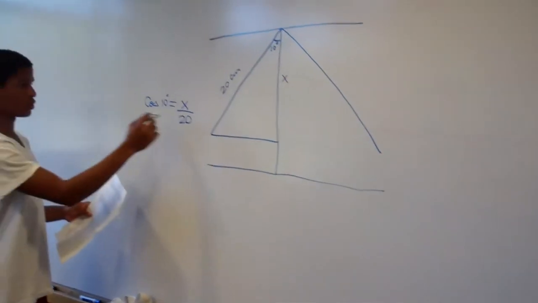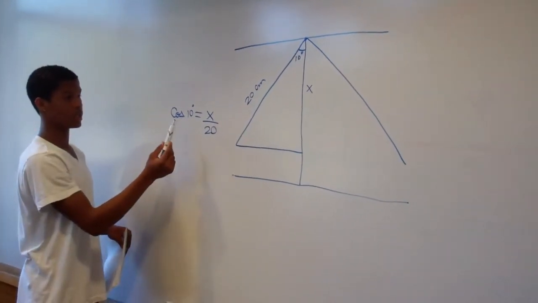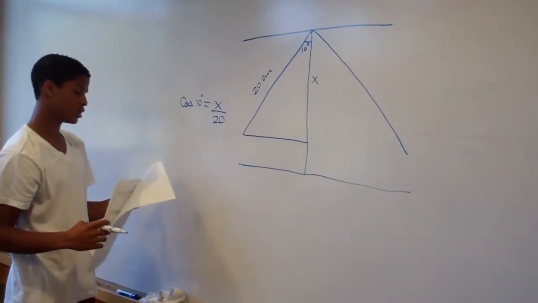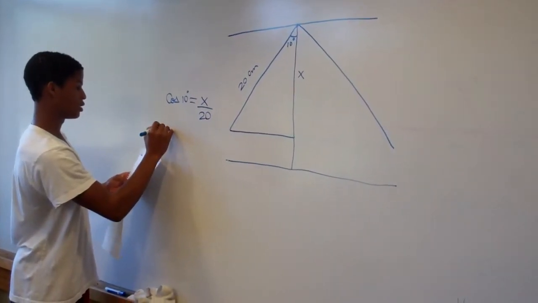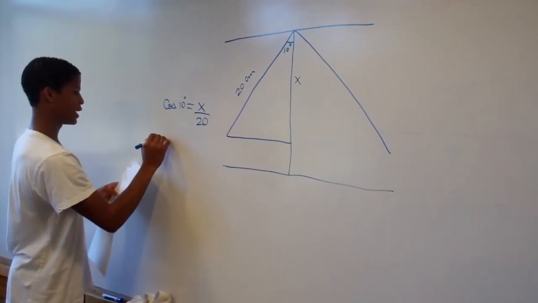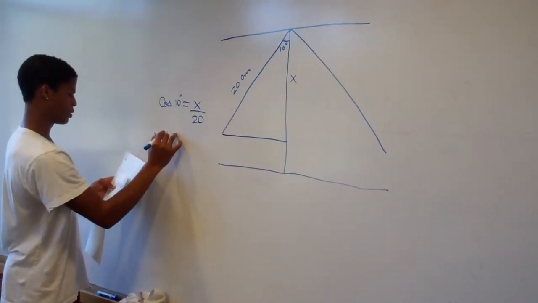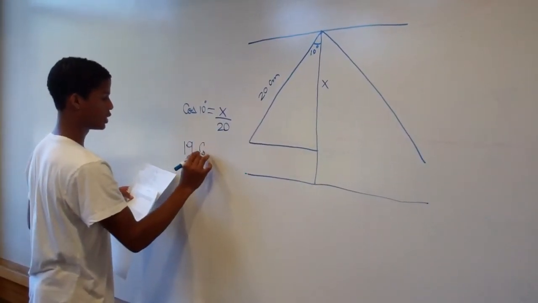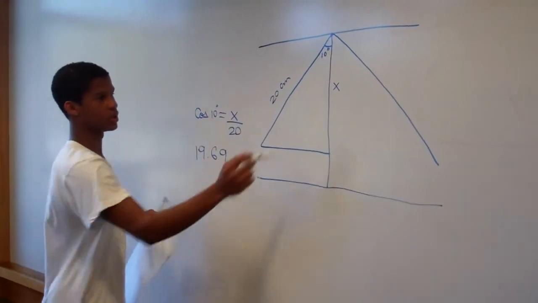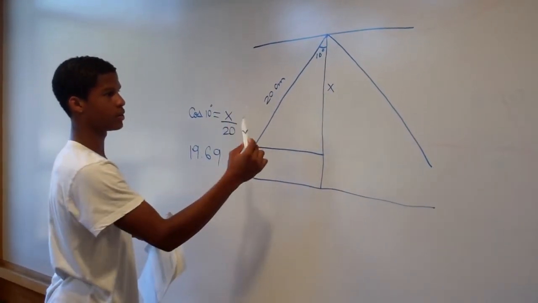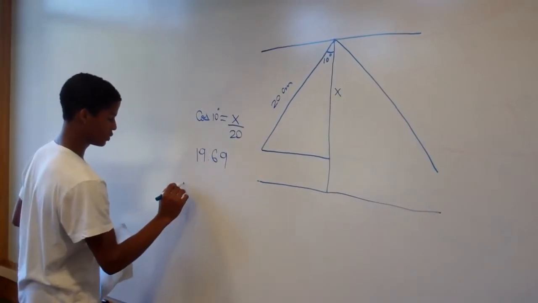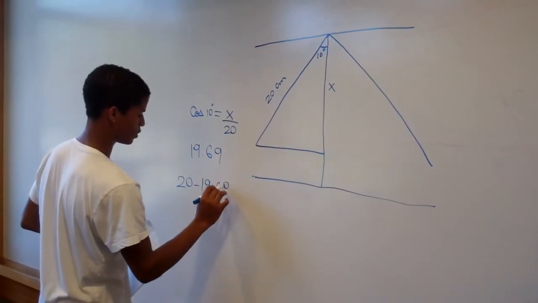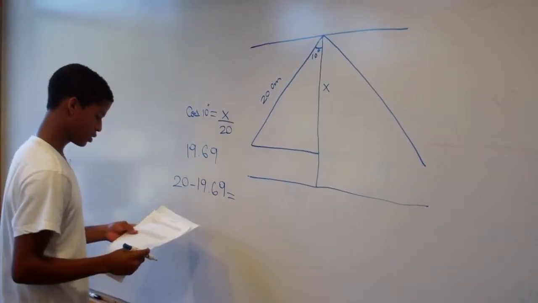And so when you put the cosine of 10 degrees into your calculator, it equals 19.69. And since we know this right here, then we subtract it from 20.